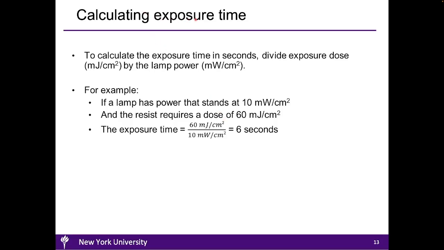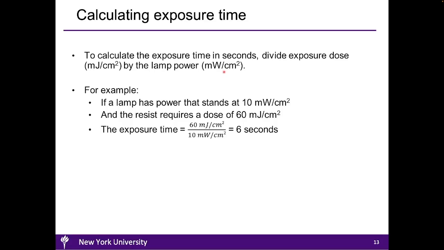This brings us to the question of how to calculate the exposure time. The photoresist manufacturers provide the optimal energy density, which is known as exposure dose, in units of millijoule per centimeter square for performing the exposure process. On the other hand, the UV lamp source of an exposure system provides a specific power density in units of milliwatt per centimeter square. Therefore, the exposure time can be easily calculated with the knowledge of the UV lamp power density and the required energy density.